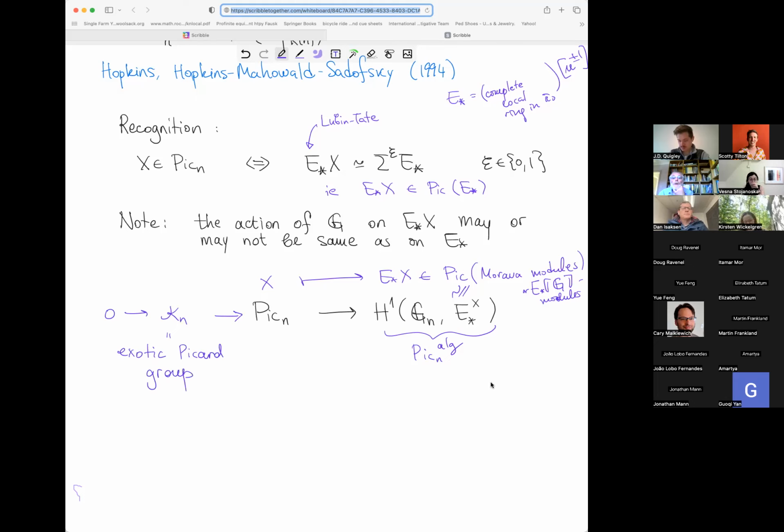Today I'll just focus on this exotic Picard group. But again, I want to emphasize that there are so many fun and interesting, and also completely intractable, questions about this algebraic Picard group.